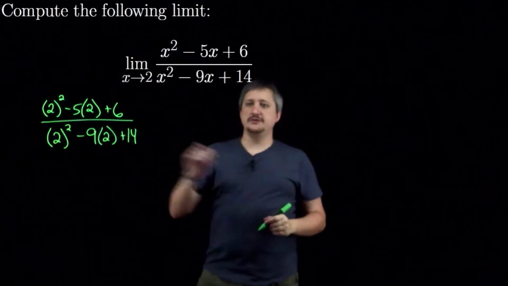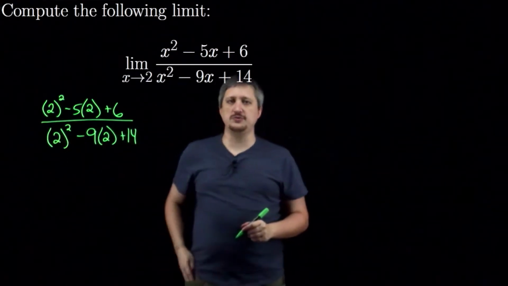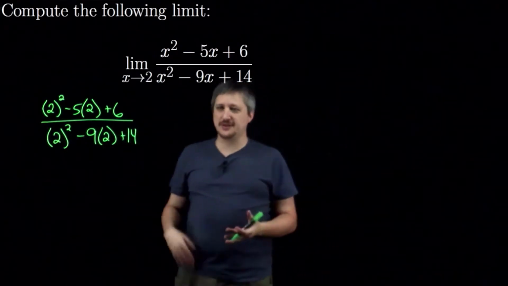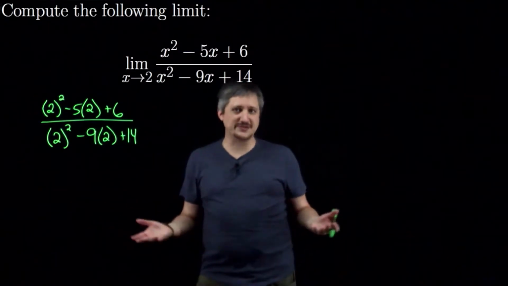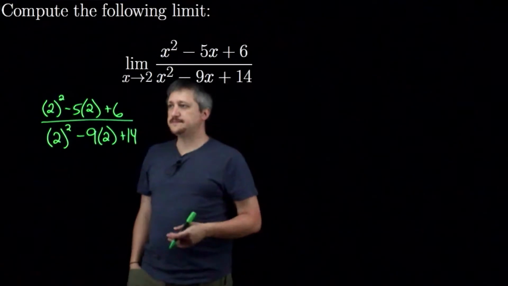So again, all I'm doing here is plugging in 2, but I'm not claiming that the limit equals it, right? I'm just going to compute and see what happens. The assumption being that something will go wrong, because, you know, it always does. But how it goes wrong will tell me what I'm going to need to do from there.